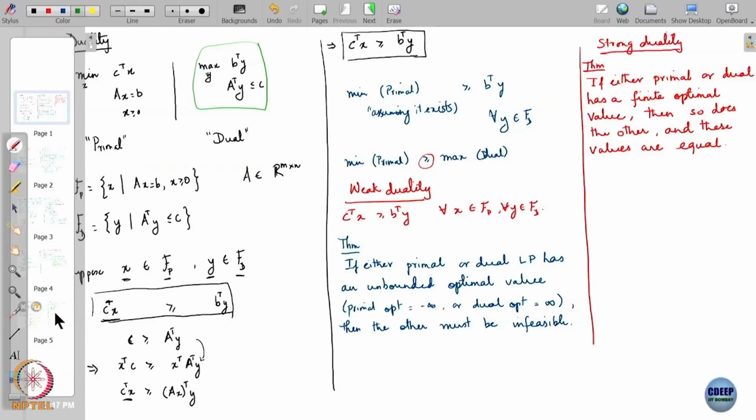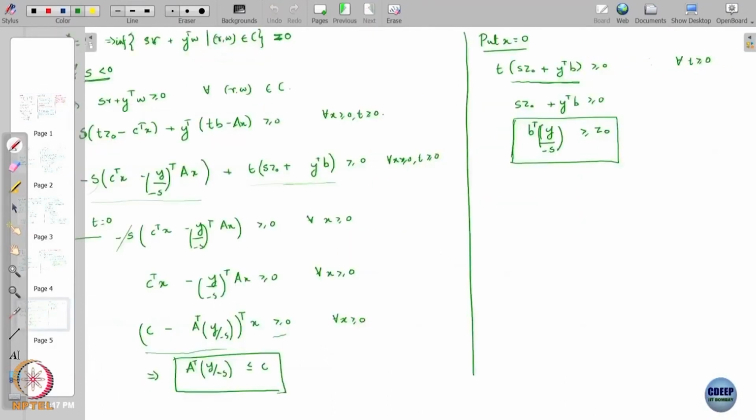And the second one says that the objective value at y by minus s is greater than or equal to z 0. And what was z 0? z 0 was the optimal value of the primal. So, which means I have found a feasible point for the dual.